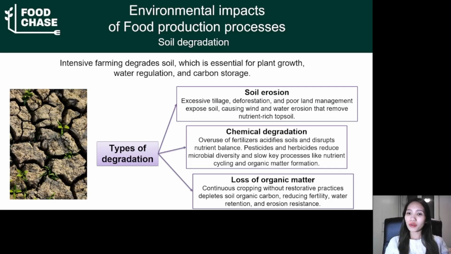Continuous cropping without restorative practice can deplete the soil organic carbon, reducing fertility, water retention, and erosion resistance.